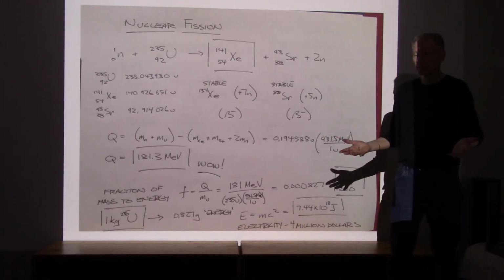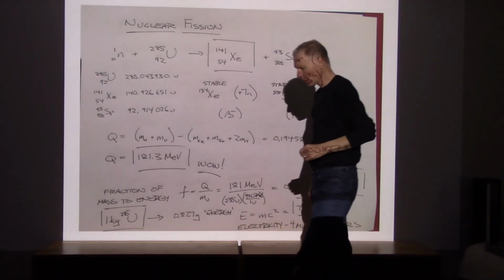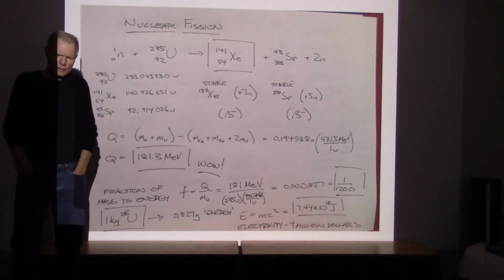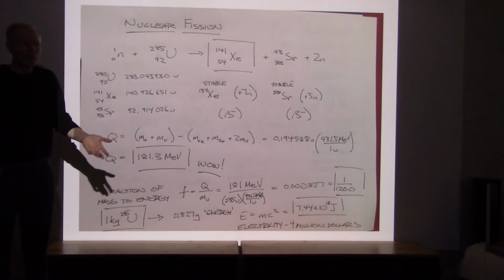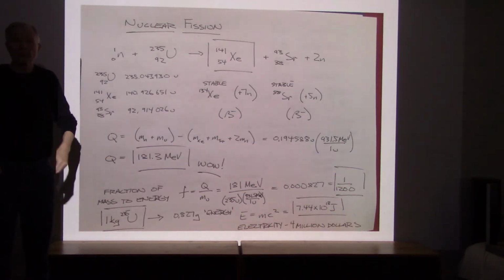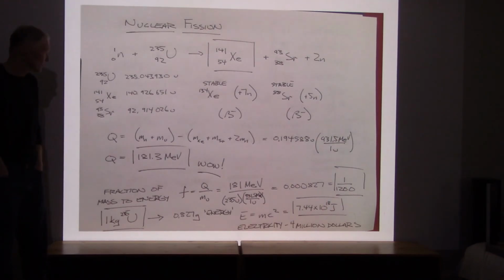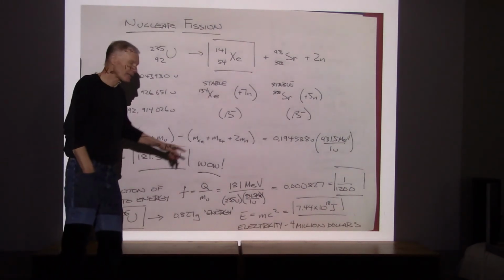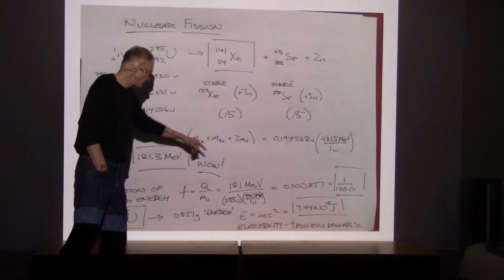That's a lot. If you think back to the radioactive decay processes we looked at, an energetic alpha decay might release 4 or 5 MeV. This is 181, so I had to write down wow with an exclamation point.